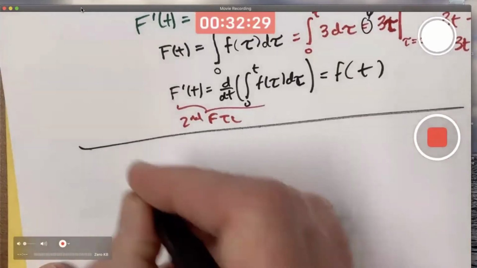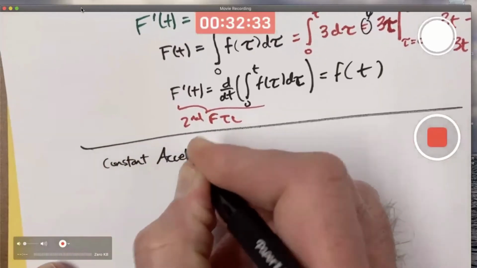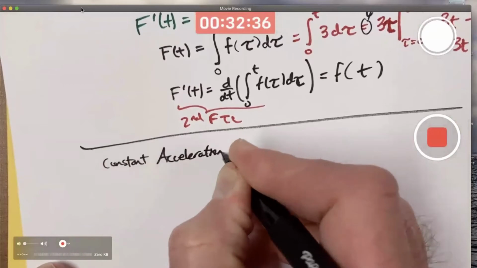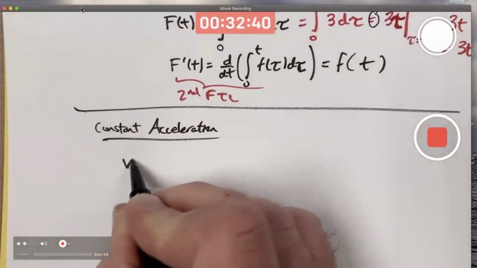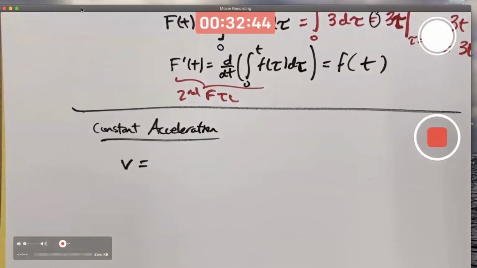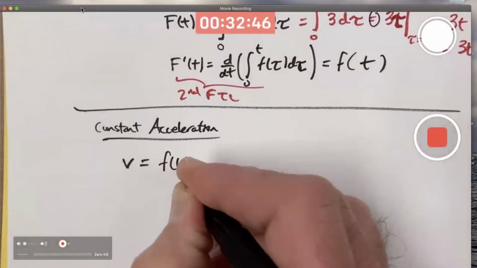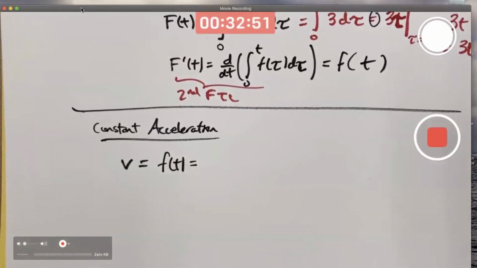Let's do a constant acceleration example. I'm still going to write down a formula for the speed. If the acceleration is constant, like say 2 meters per second squared, for example, and that will be the example I do, what would the speed be?